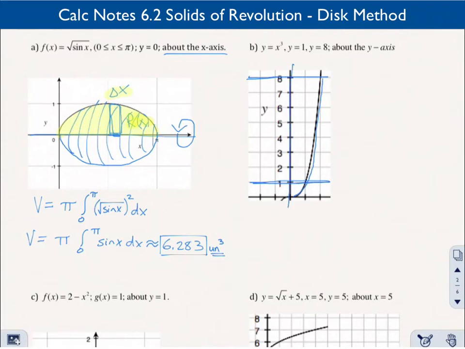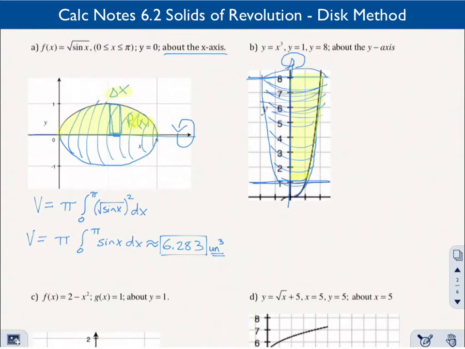So you can see that the region that we're trying to revolve ends up being this one right here. Okay, so we'll mirror this on the other side, and then we will rotate it about the y-axis.